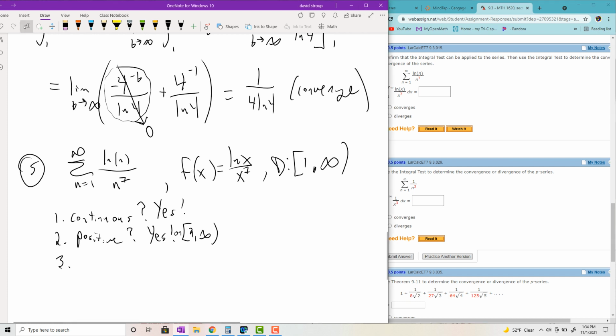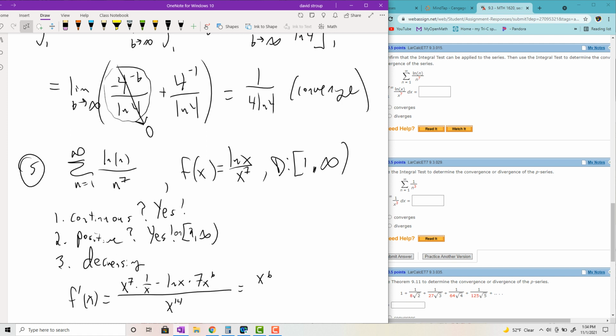Thirdly, is it decreasing? So again, what you do here is go to the derivative f prime of x. That will be low d high, low times the derivative of the high minus high times the derivative of the low, all over the low squared. Let's clean it up a little bit.